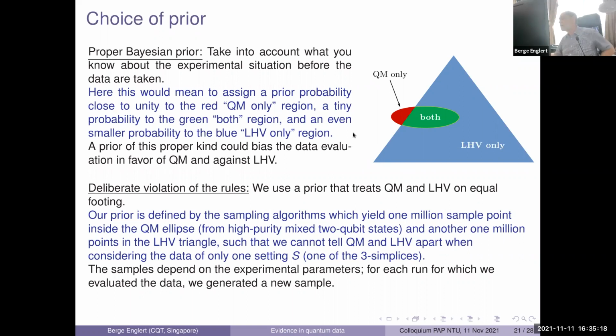So rather than having lots of points in the red region and few points over here, we have 1,000,000 points in this example in the blue region and 1,000,000 points in the ellipse. And so we actually define the prior by a sampling algorithm, but let me not go into this technical detail.